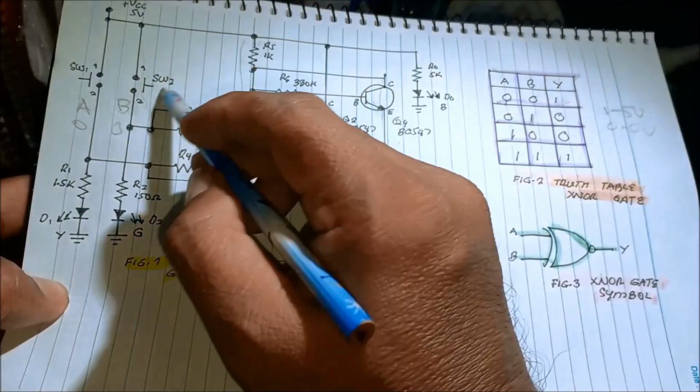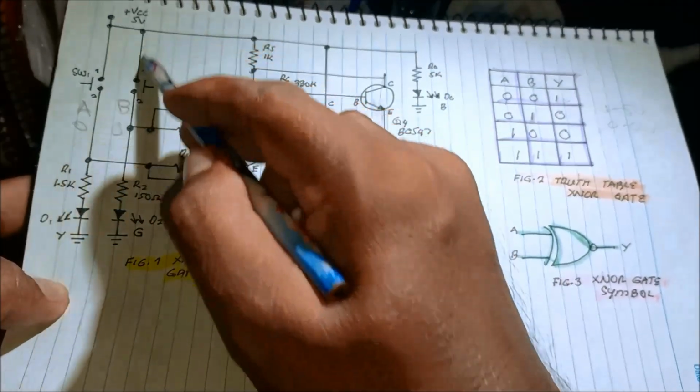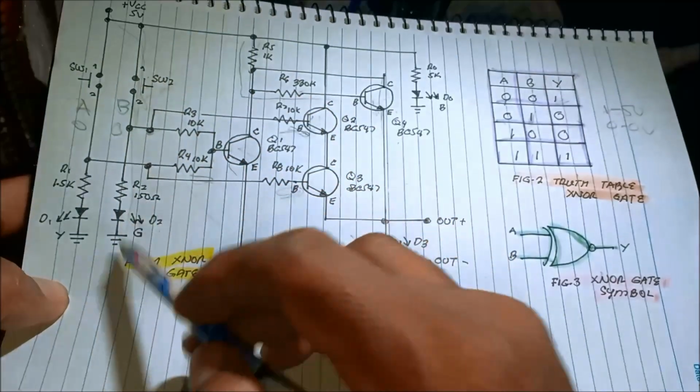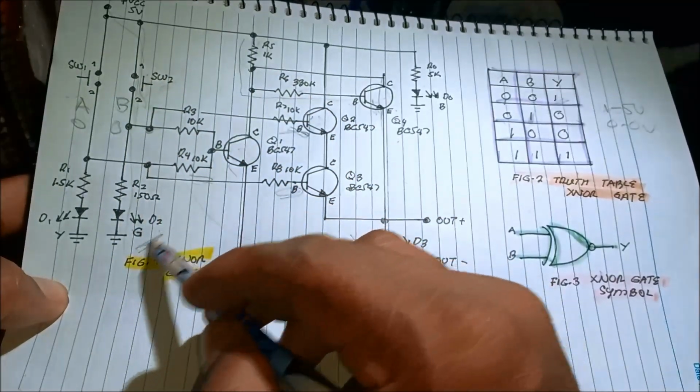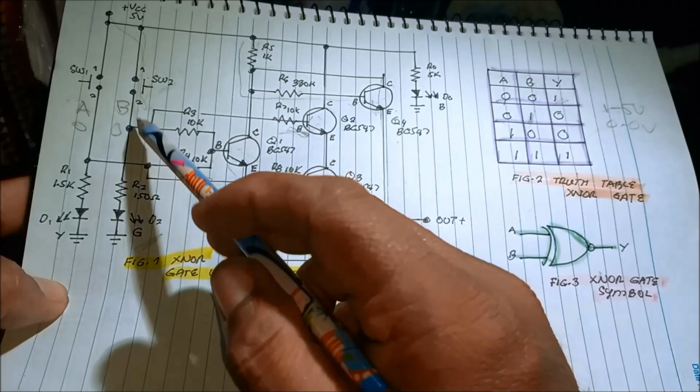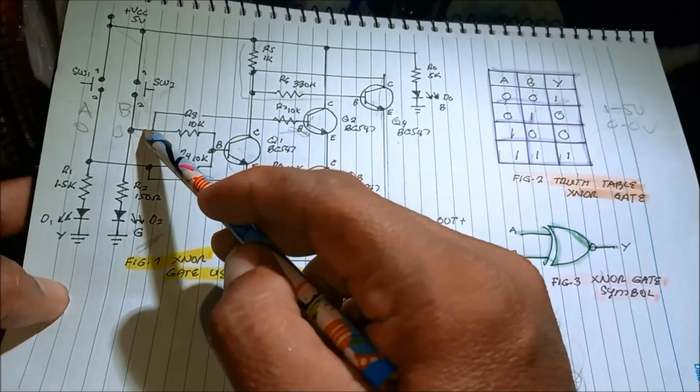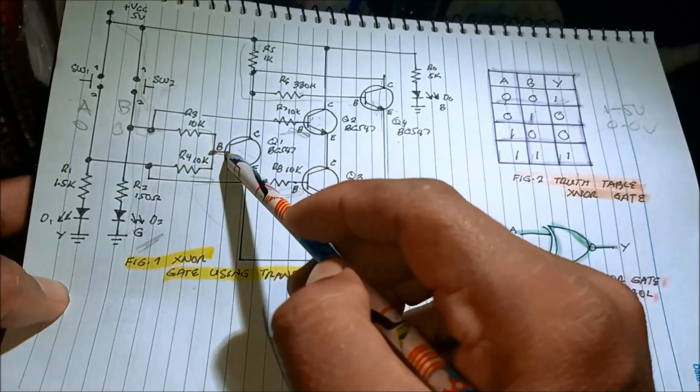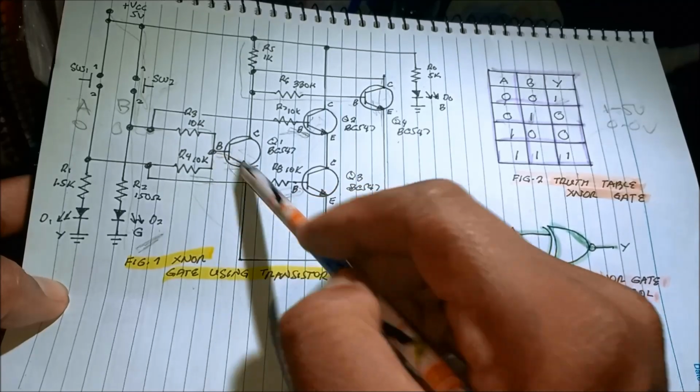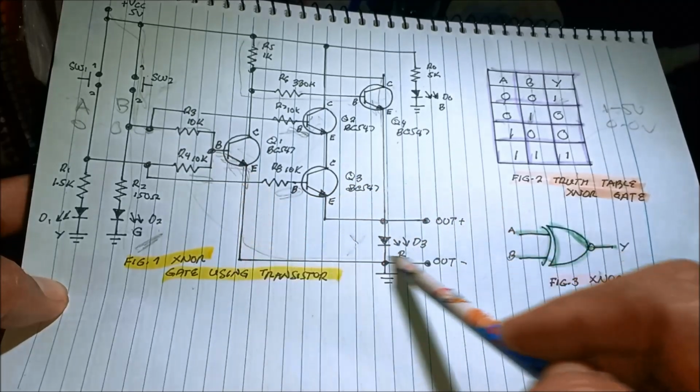Current flows into the input LED. This green LED turns on. This is an input LED. And it will inject a current through the 10K to the base of this first transistor. It will turn on this transistor, then to the ground.